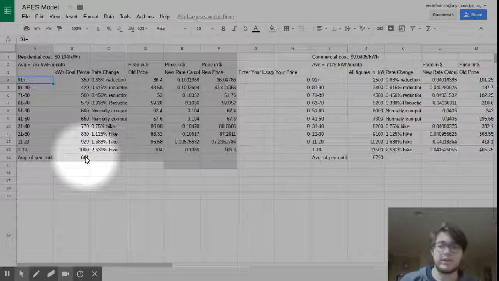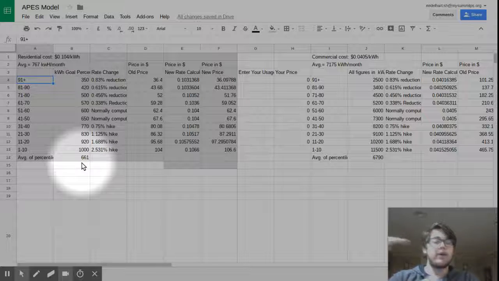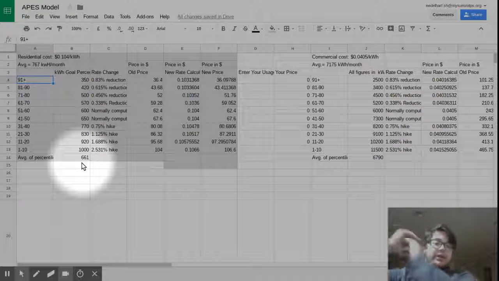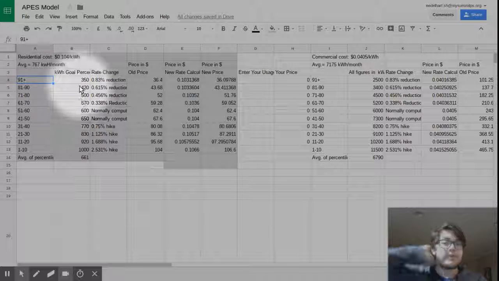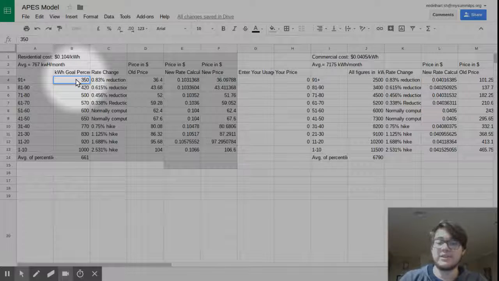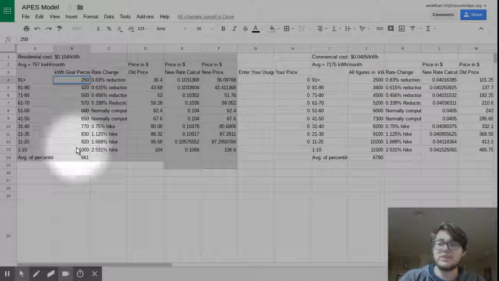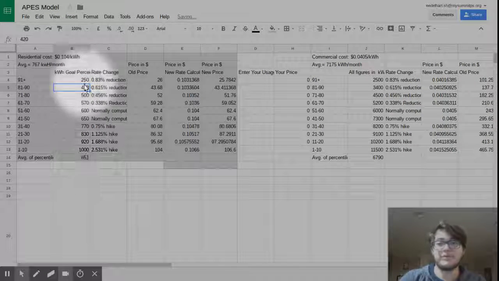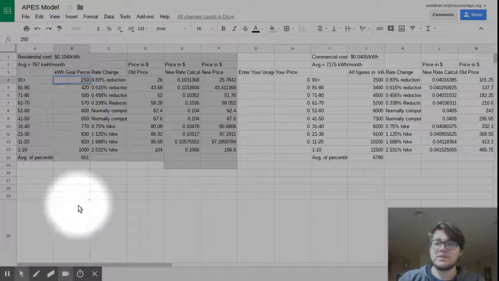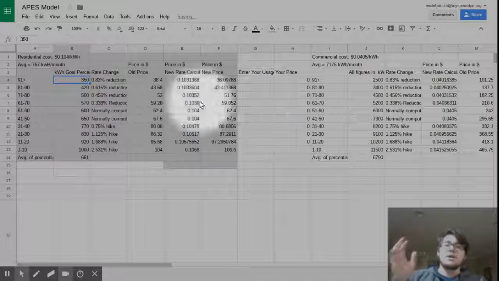Down here is the average of the percentiles, and that's meant to show where our average goal is compared to our average use now. So let's say that I changed this percentile to 250. If you look down here, that would go to 651, but let's change that back to what it was.